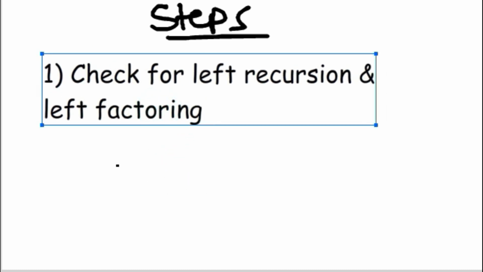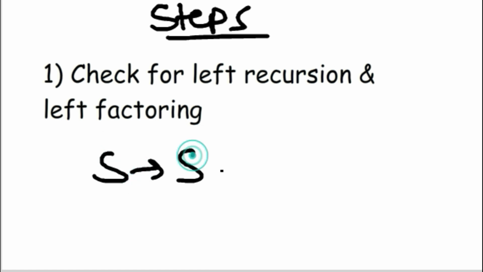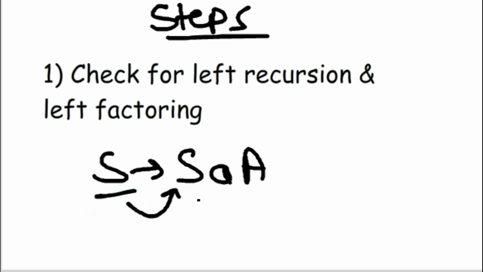Left recursion happens in this example. Just check out this grammar. S is the start symbol, but when we try to derive S, we go to the first S, which is similar to this one. Now when we try to derive this S, we have to go back to this one, and it will just keep on rotating, and that's why it is called recursion.